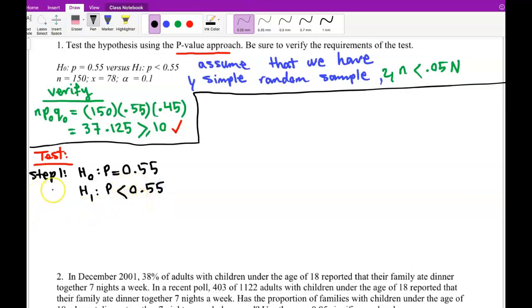Okay, then step 2. We should find what alpha is. That part is already given, so alpha is 0.1.